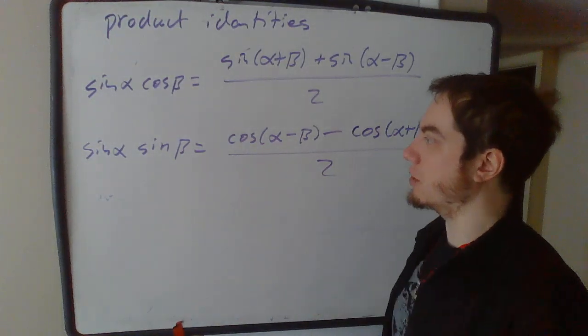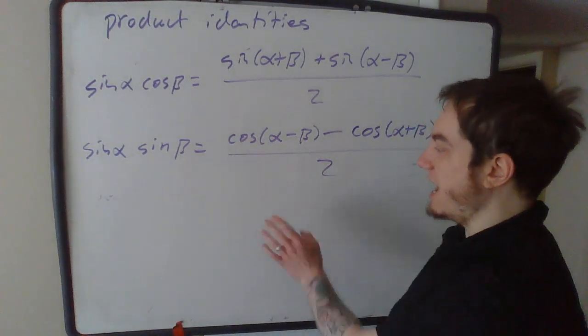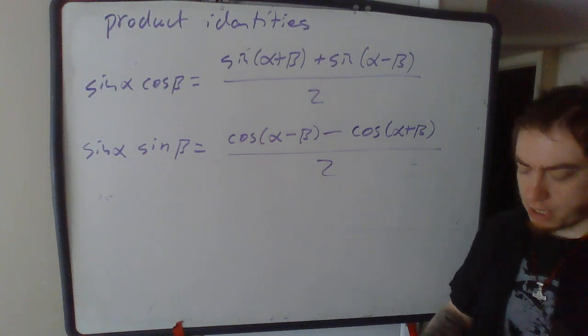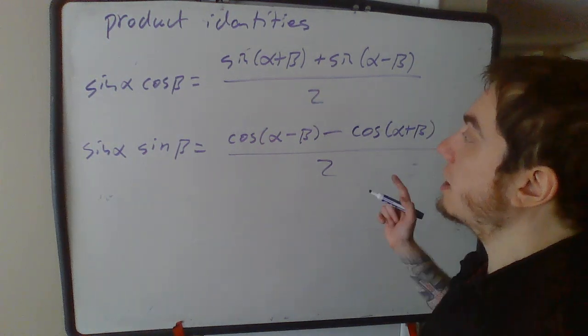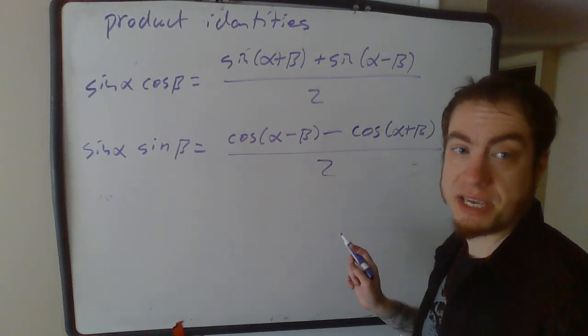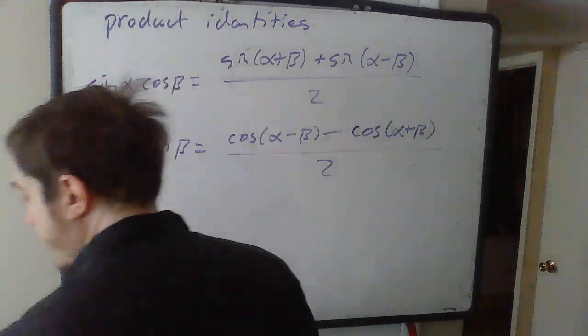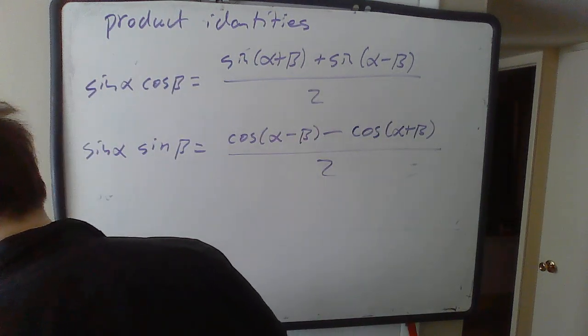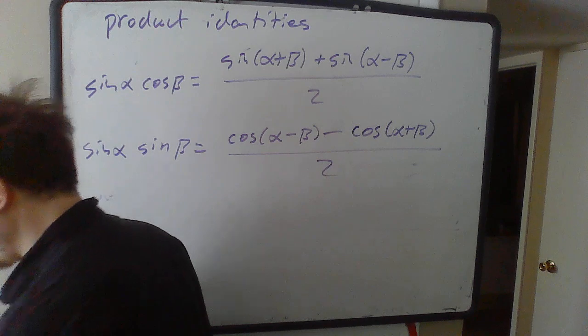And then, of course, we have the cosine times cosine identity, which I had down here but just erased. So these are a couple of additional identities that we can get by using the sum and the difference identities that we have.